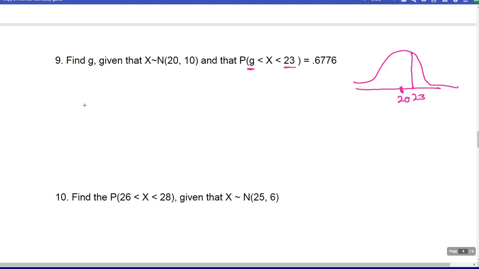Is that true? Now, do you think that's going to be below 20? It should be below, right? Okay, so let's go like this. Now, how much is between those two lines? 0.6776. Okay? Now, this number right here, G, I don't know what it is. So what can I do?